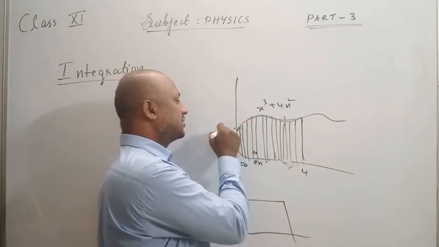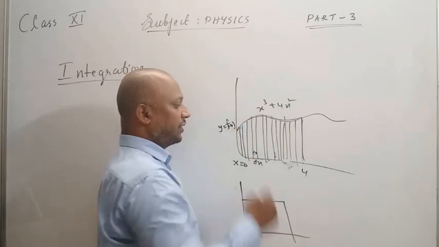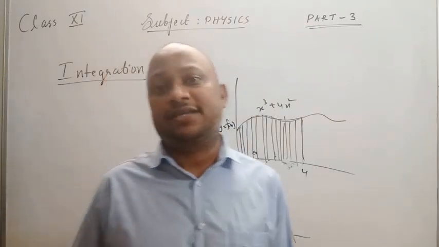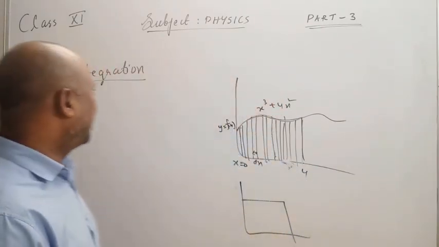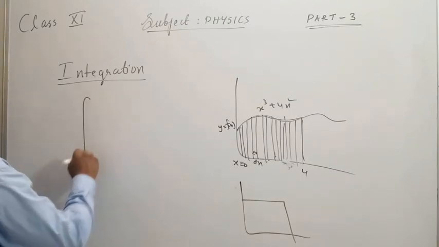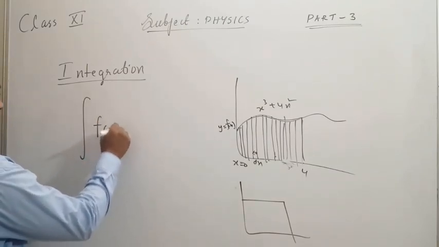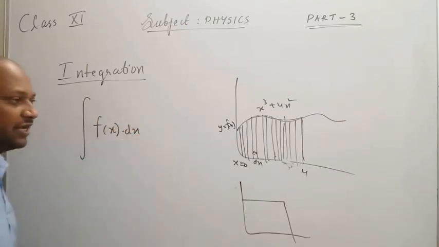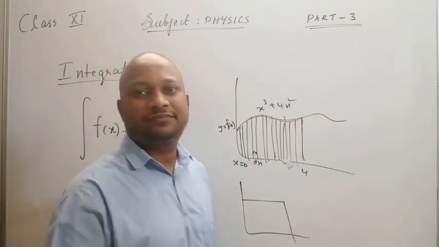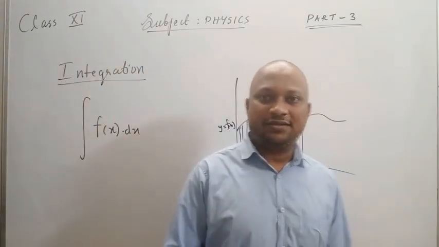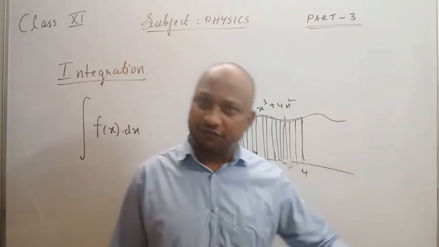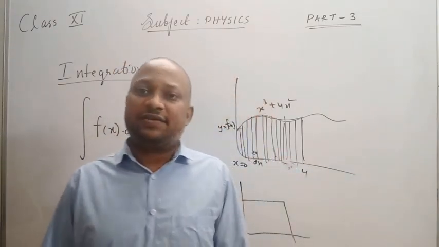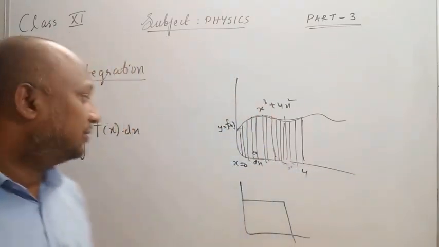Y means f of x. So f of x into dx. So that's what actually integration is, f of x into dx. So f of x into dx is the area of one rectangle, length into breadth. And there are many such rectangles whose f of x is different and dx is anyway the same.